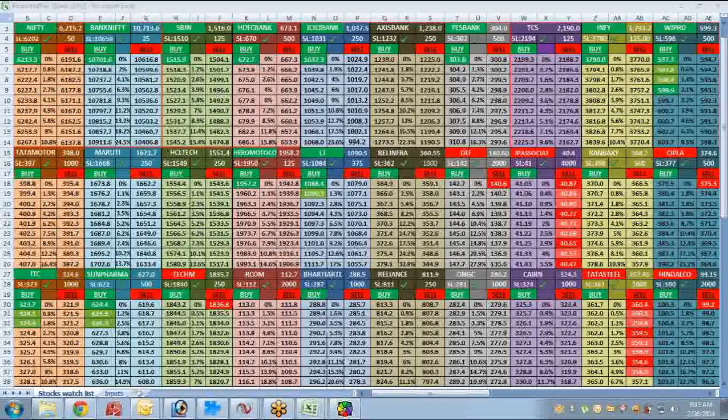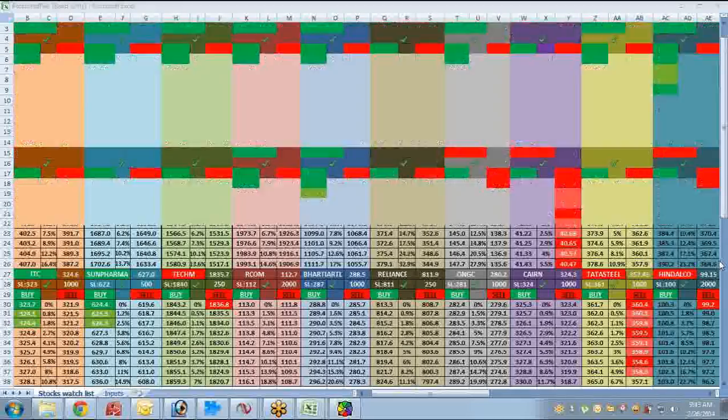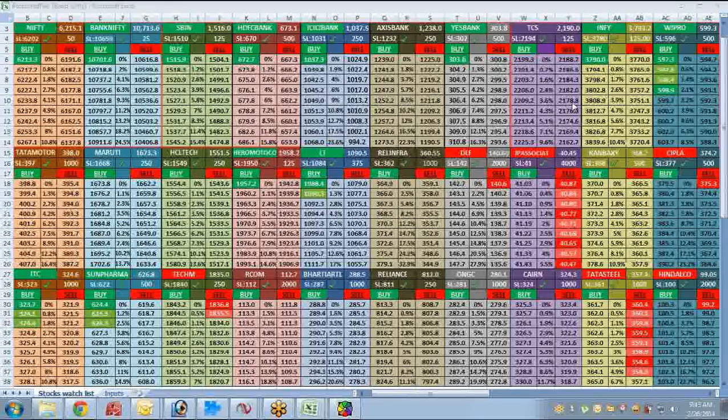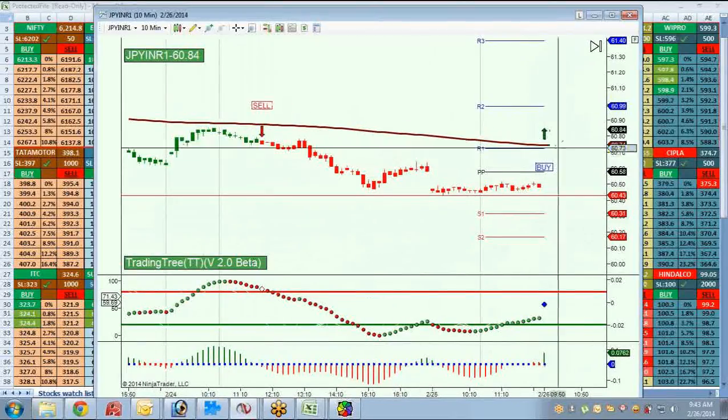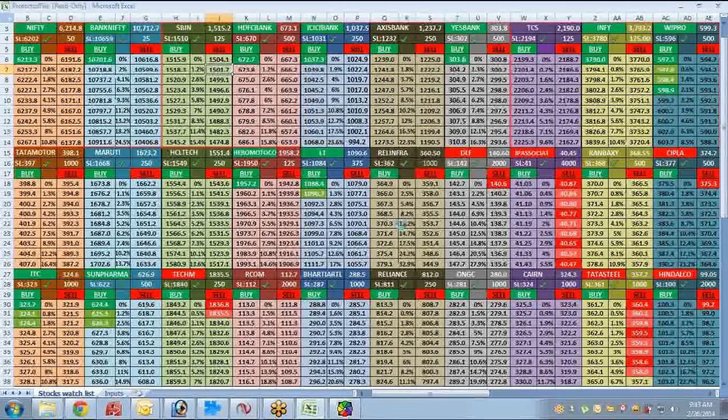And the other thing, someone asked me another question. Yeah, I was talking about the FuturesTree. This is FuturesTree, and what you're seeing here is the trading tree. So both are different softwares, both cost differently. Here, FuturesTree is only for pure intraday trading, but you can do the spot market, you can do the futures market, and you can even do options also.